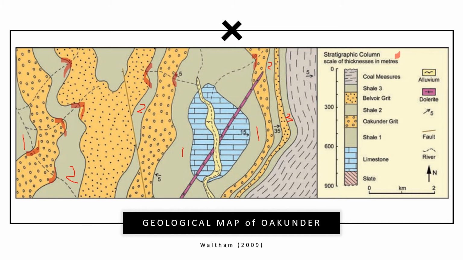In our stratigraphic column, the coal measures are the youngest, followed by shale 3, then the Belvoir grit, followed by shale 2, and the O'Connor grit, followed by shale 1.